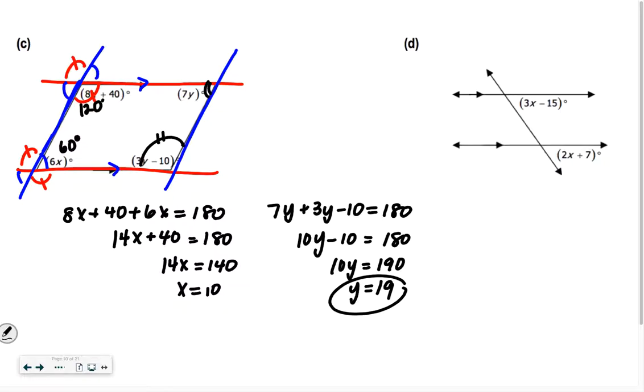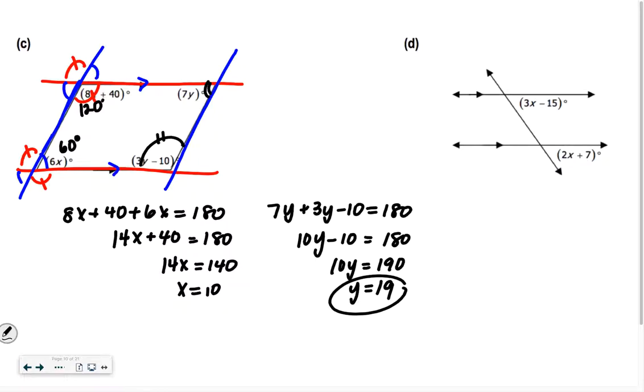So it's not actually a parallelogram, it's a little bit off. All right, good so far? Okay. How'd you get 190? I added the 10 over. Oh, right.